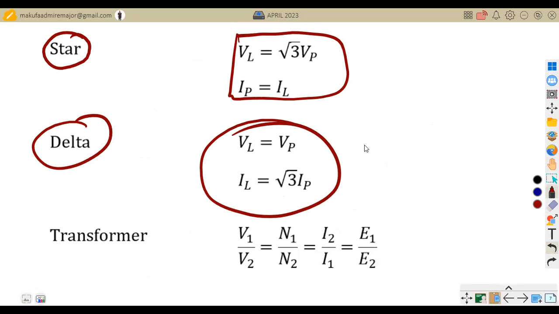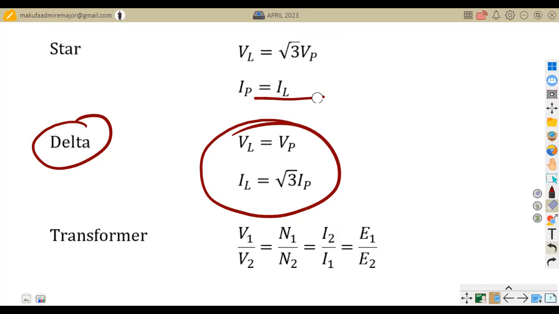As we are focusing on a delta connection, we are going to focus on these formulas, whereby in a delta connection, VL is equal to VP, that is the line voltage equals the phase voltage. IL is equal to the square root of 3 times IP, that is the line current to the phase current.